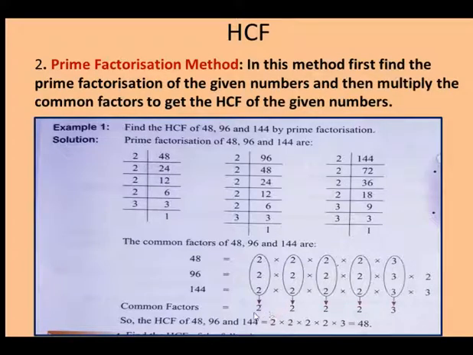So the common factors are 2, 2, 2, 2 and 3. Now multiply these: 2 into 2 into 2 into 2 into 3 gives 48. So 48 is our HCF for 48, 96 and 144, meaning 48 is the highest number which can divide these three numbers without leaving any remainder.